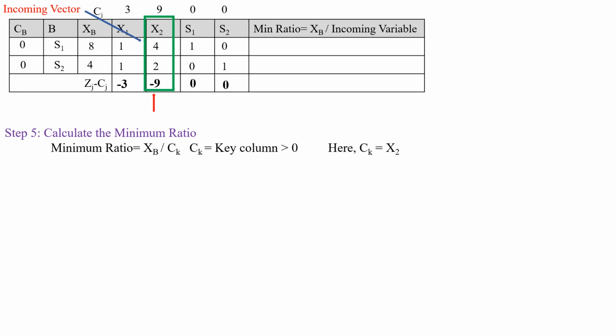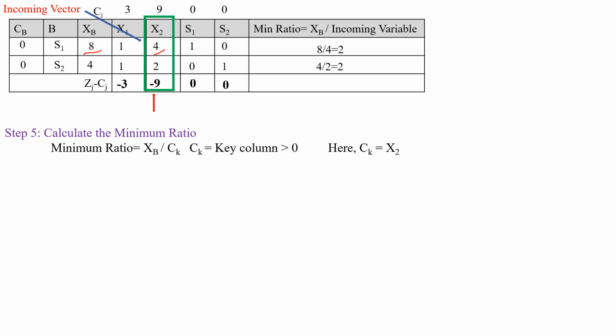Next we have to calculate the minimum ratio, that is xb divided by the coefficient of the incoming variable. First we calculate for the first row. Here the xb value is 8 and the coefficient of the incoming variable is 4. So the minimum ratio will become 8 by 4, that is 2. Next we calculate for the second row.